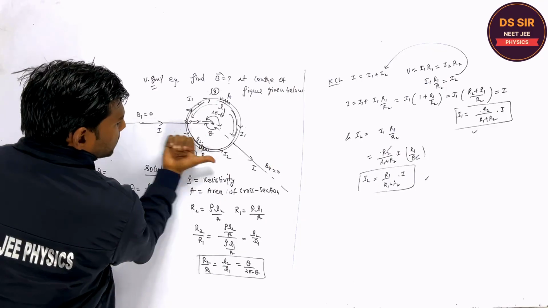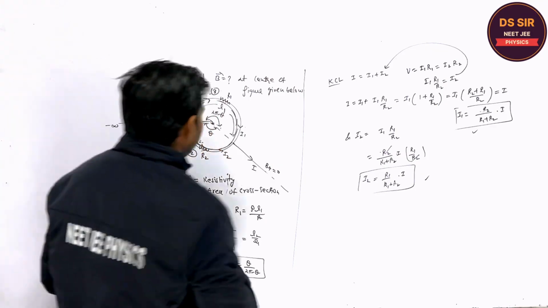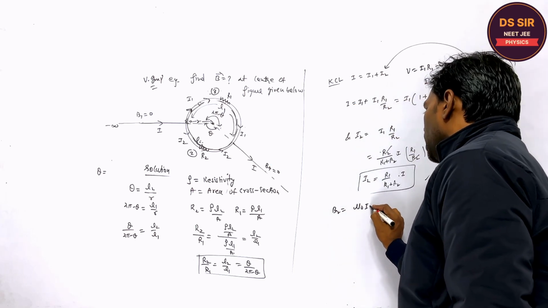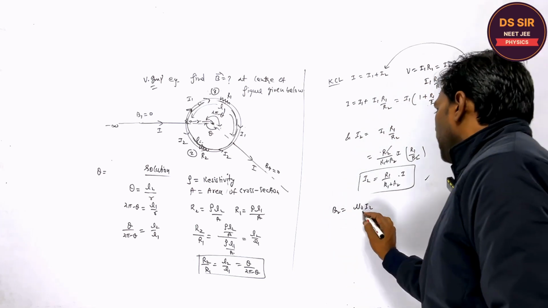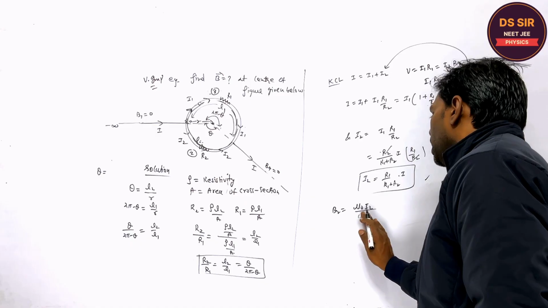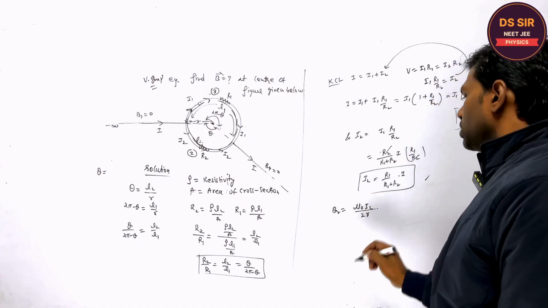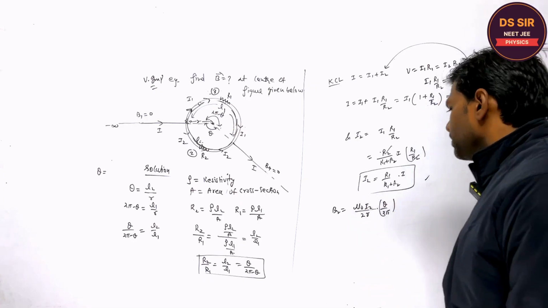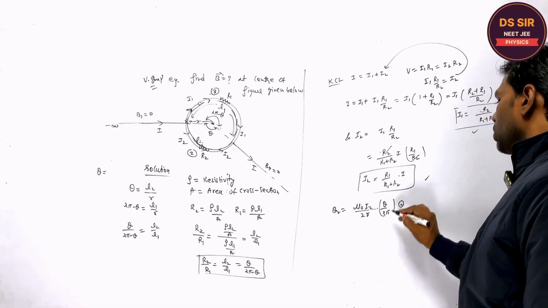Because of the second part, what is the B2? Mu naught I2 upon 2R into theta upon 2 pi. Is it clear or not? And this is out of the board.